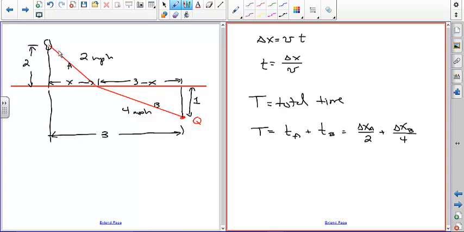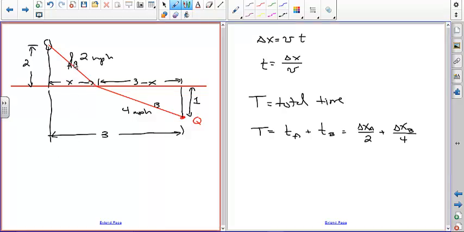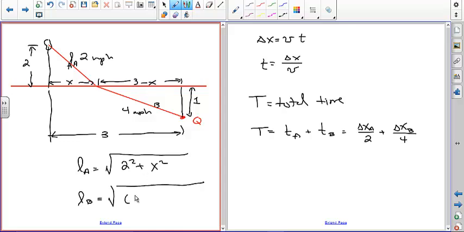So what is the length of this side from the Pythagorean theorem? Let's call this L sub A, or delta x sub A, either way. So L sub A is going to be equal to the square root of 2 squared plus x squared. And the length for the B part is going to be equal to the square root of (3 minus x) squared plus 1 squared.